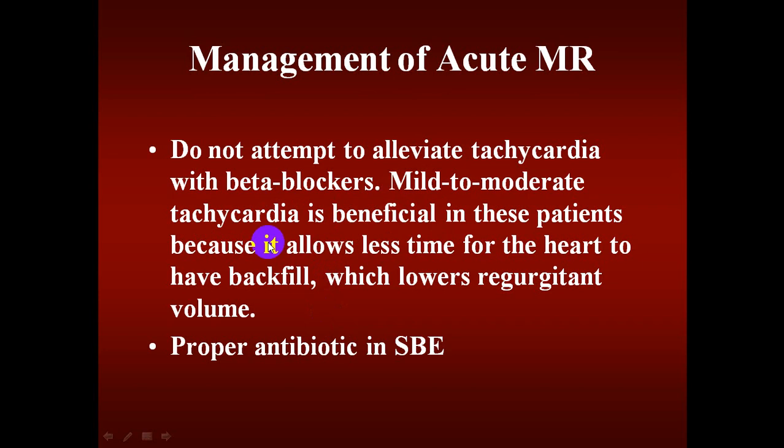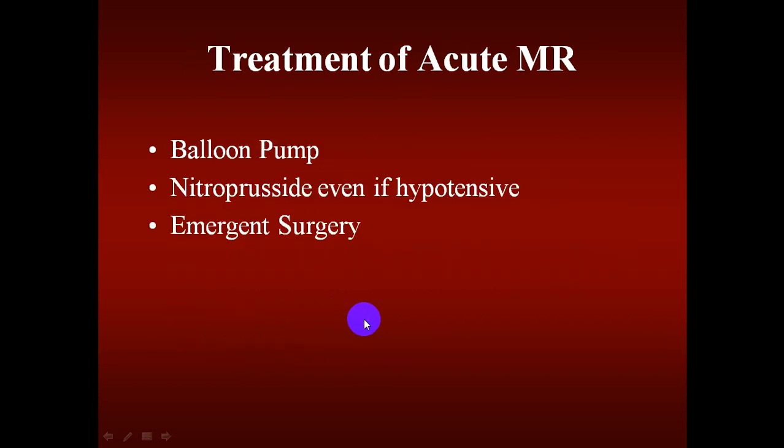Mild to moderate tachycardia is beneficial in those patients because it allows less time for the heart to backfill, which lowers the regurgitant volume. Proper antibiotics are given if indicated to prevent SBE.